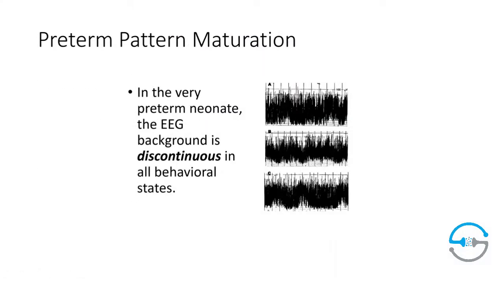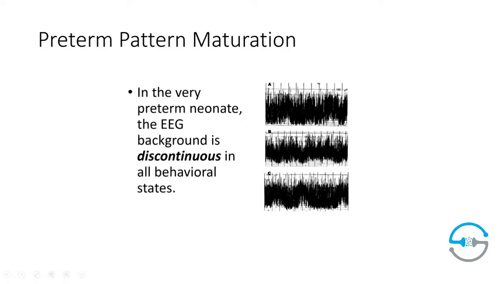So let's talk for a second about how this relates to preterm infant patterns. So we know seizures, whether you're term or preterm, we know those are bad. But let's talk about whether or not you see the patterns you expect for age. And we remember when we have our very preterm babies in our 23, 24, 25, 26 week range, even up to maybe 28 range, we have a lack of cycling oftentimes, or we may see just the emergence of cycling.